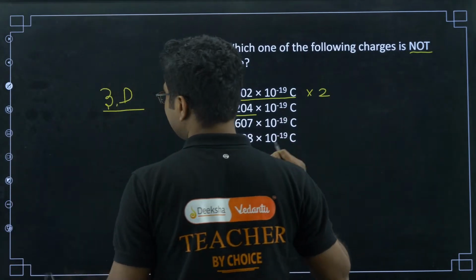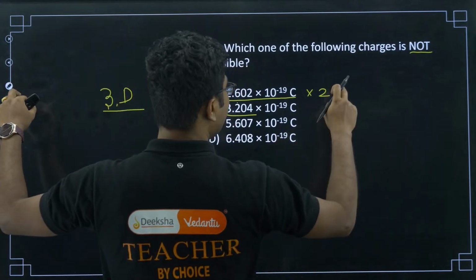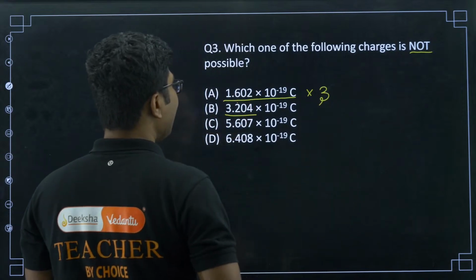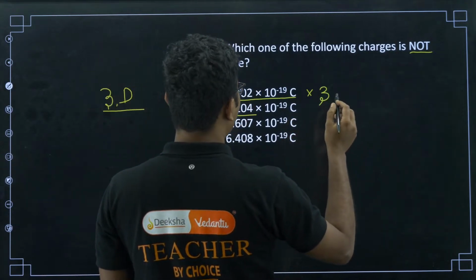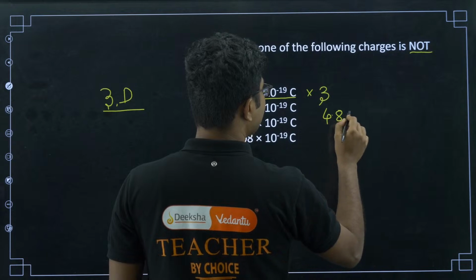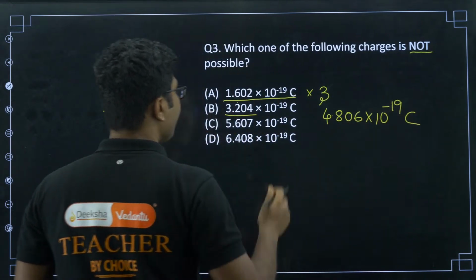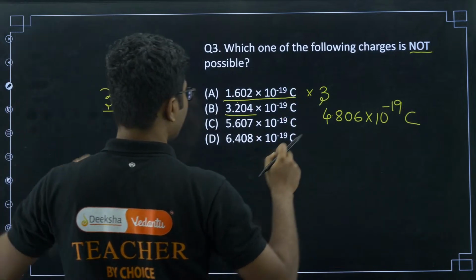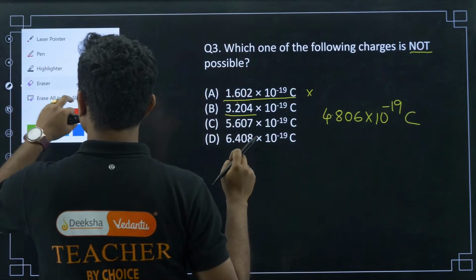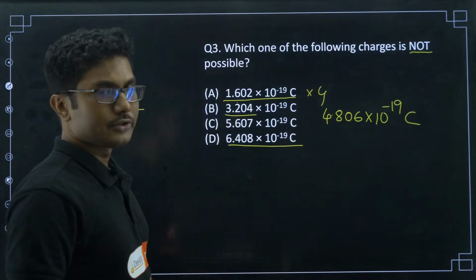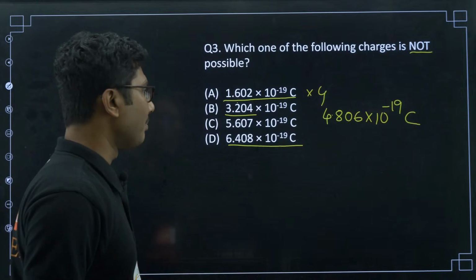If you multiply the same with 3, you get 4.806 into 10 to the power of minus 19 coulomb. If you multiply it with 4, then you get this one, 6.408 into 10 to the power minus 19.